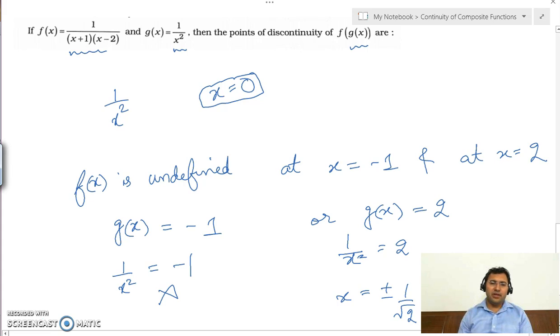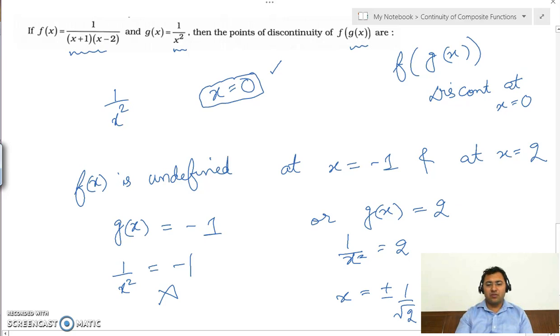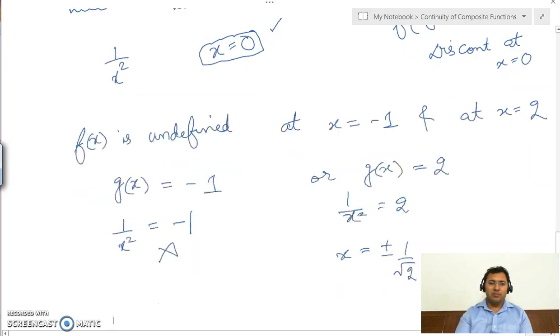The function will be discontinuous at x equal to 0 for obvious reasons: if we define f of g(x) and find f of g of 0, g(x) is not defined at 0, so f of g of 0 will also not be defined. So it will be discontinuous at x equal to 0 for sure, and we need to check for x equal to plus minus 1 by root 2.